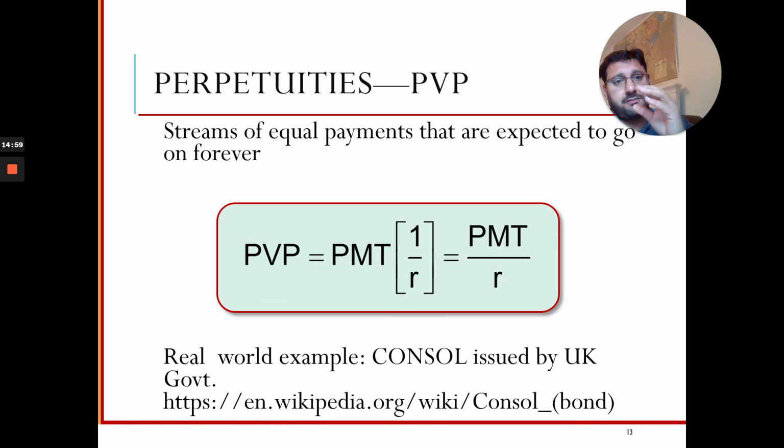If an agent from a financial institution comes to me and tries to sell me a financial product, and he is offering me $50 at the end of every year forever, right? And he is also offering me some interest rate.